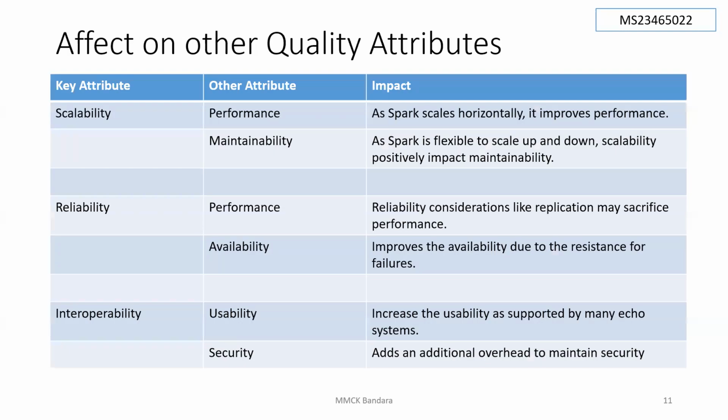So it can communicate with external systems using these data formats. Next we are going to look at how these key attributes affect the other attributes in the system. This table summarizes that. Scalability impacts performance positively because Spark scales both horizontally and vertically.